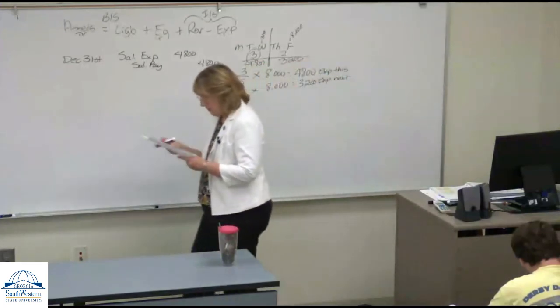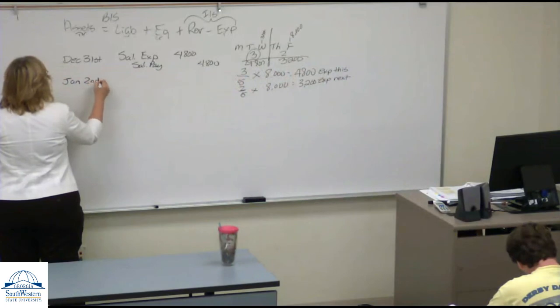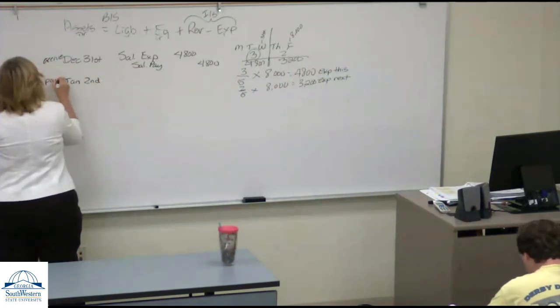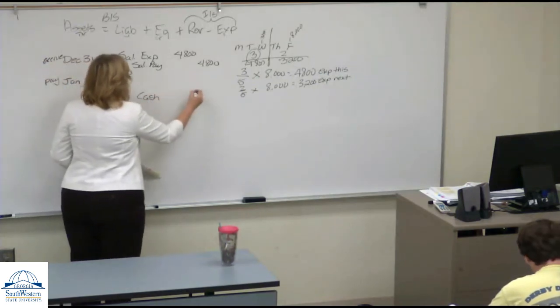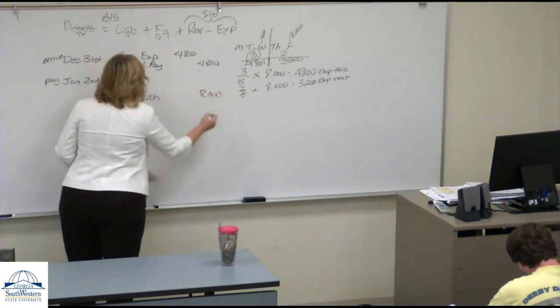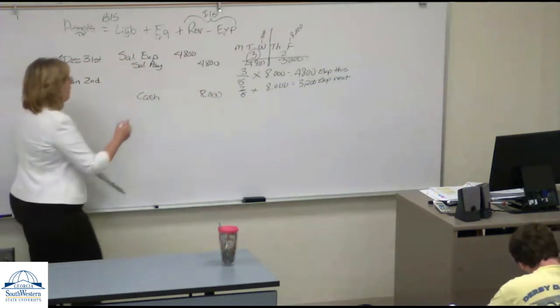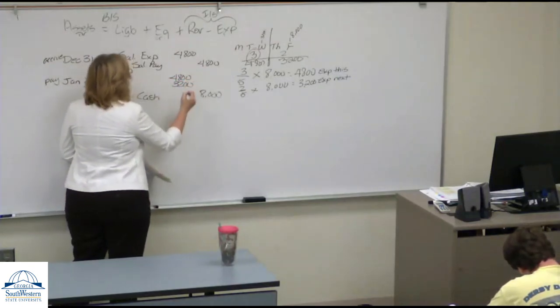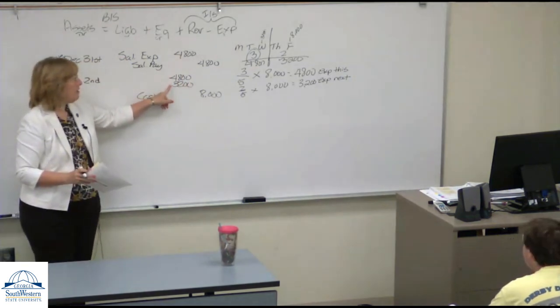So now they get paid on January 2nd. This is when we're going to accrue, and this is when we're going to pay. So when we pay them on January 2nd, we're going to pay cash of $8,000, right? There are 2 parts of the $8,000, the $4,800 and the $3,200.